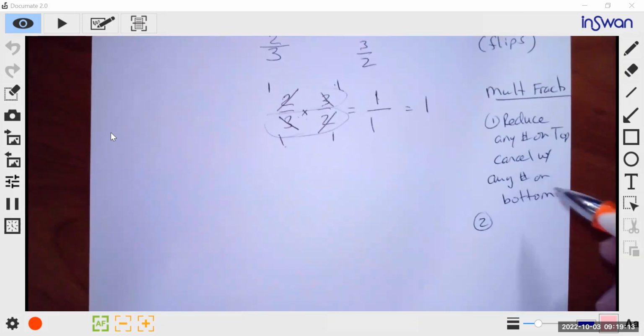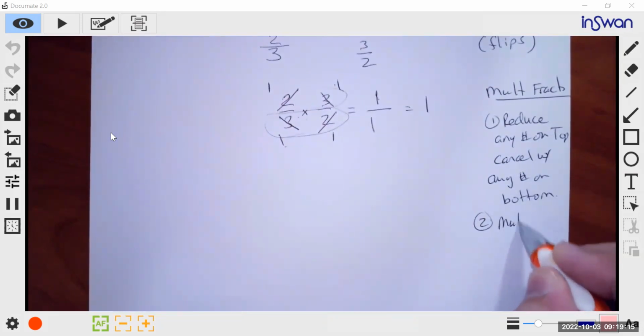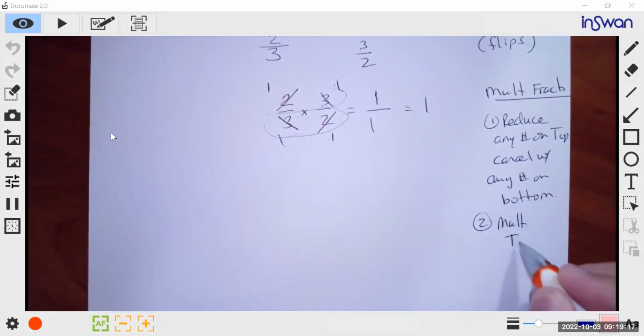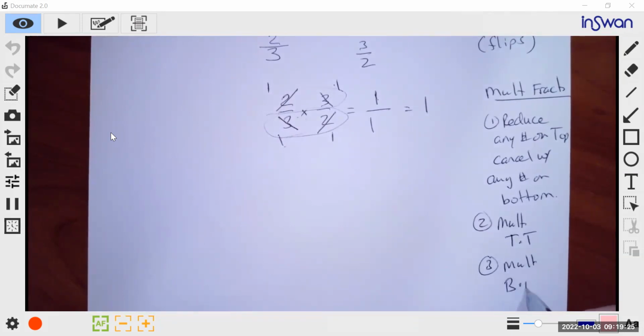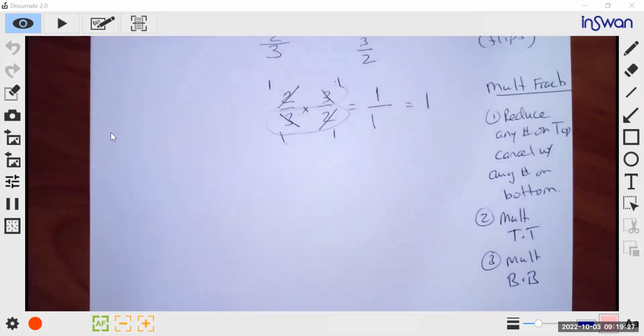Once you reduce as far as you can, multiply top by top and multiply bottom by bottom. Never multiply straight across first, because you're going to make the numbers super large and it won't be any fun.